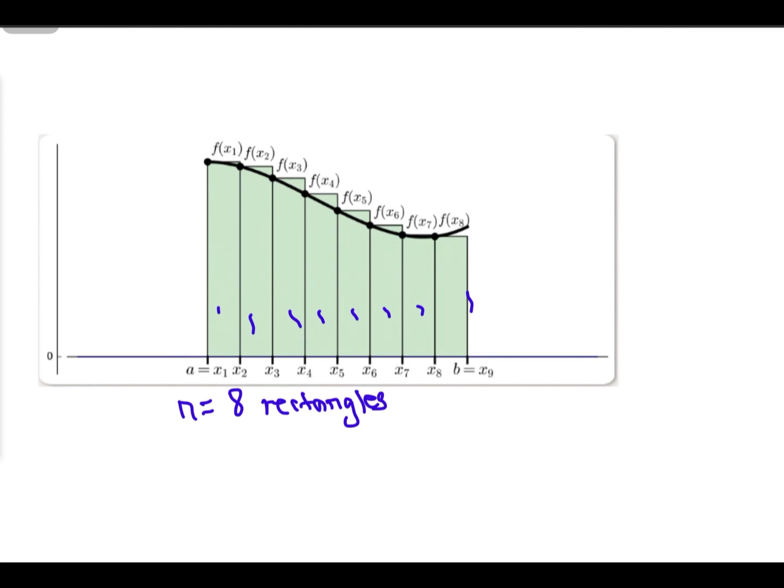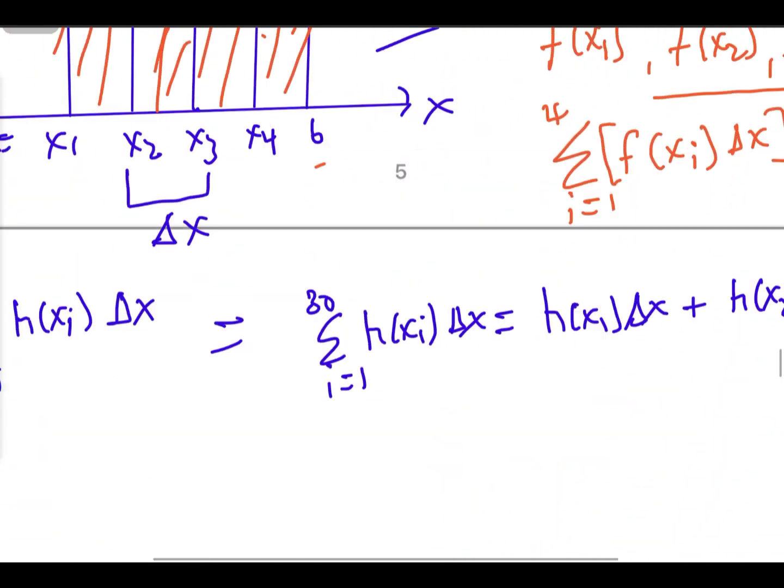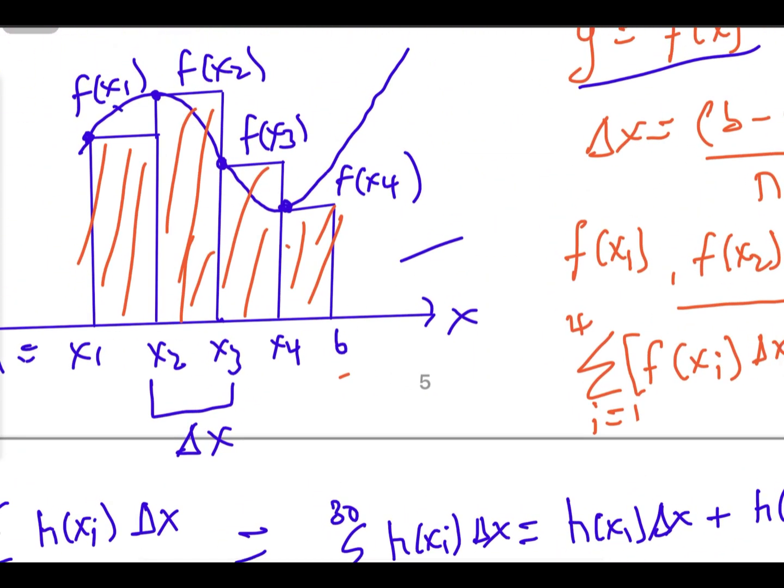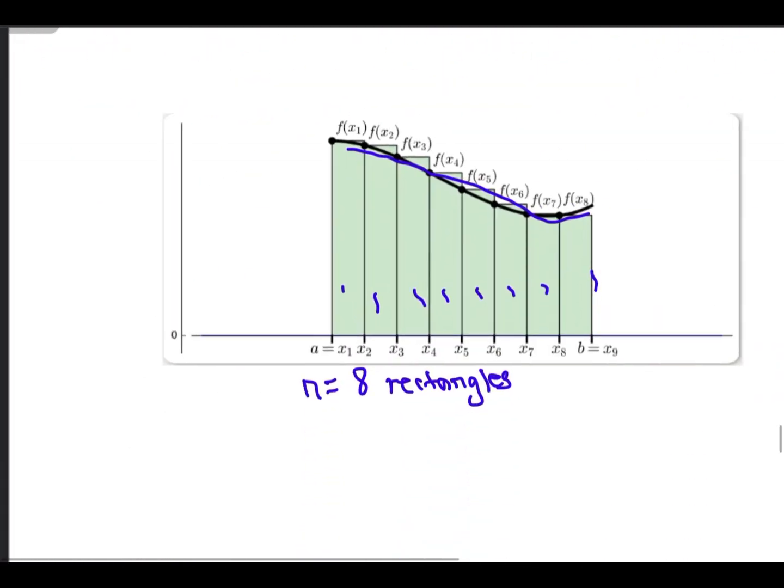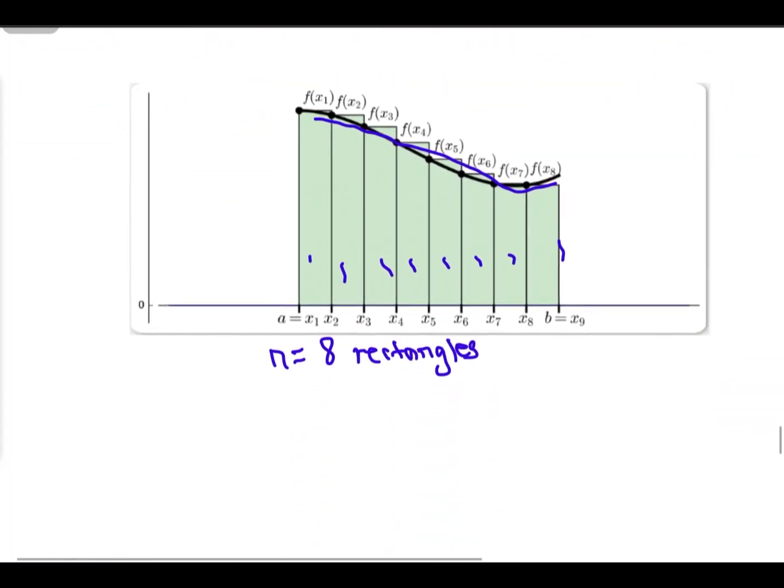So the area beneath this curve, this is the curve, right? As with the previous one, this was also the curve. Now we have 8 rectangles, so the area beneath the curve will be approximated by these 8 rectangles.